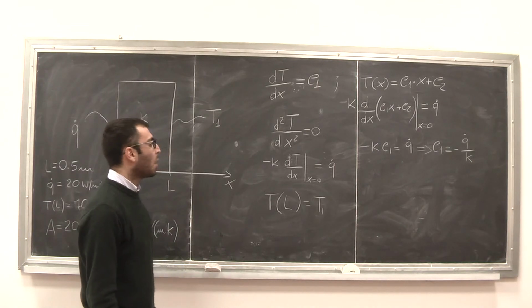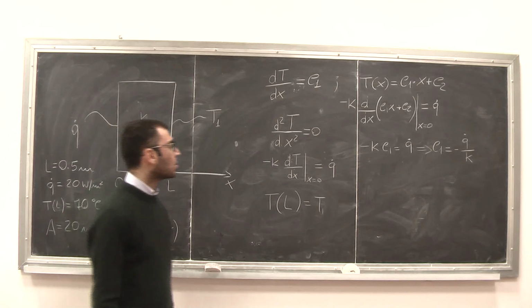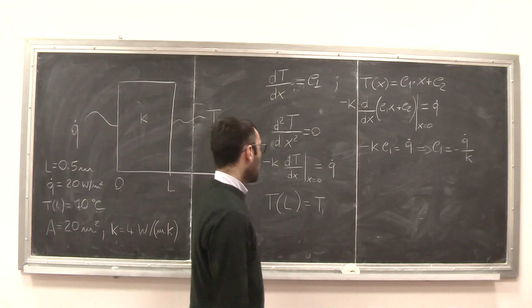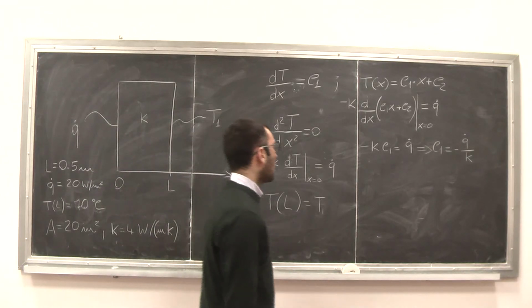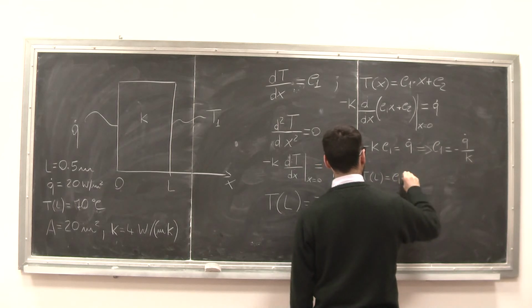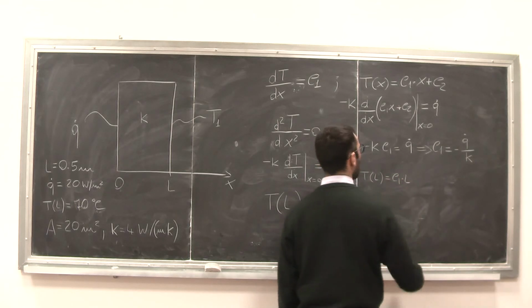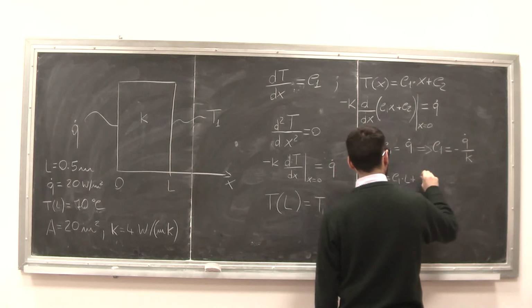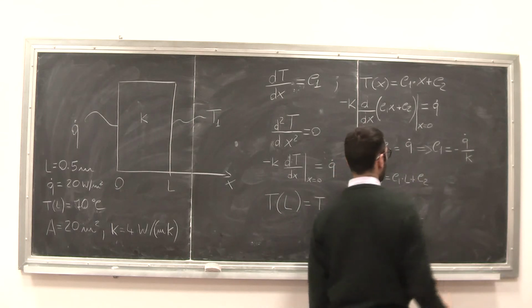Now we can apply the second boundary condition in x equal to L. And so we have T of L equal C1 times L plus C2.